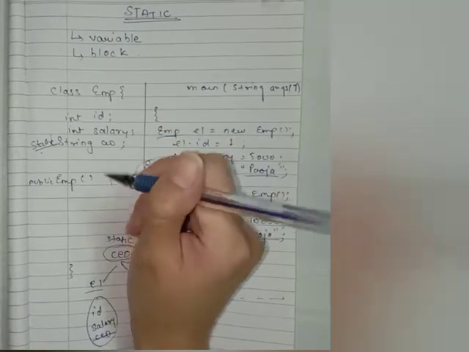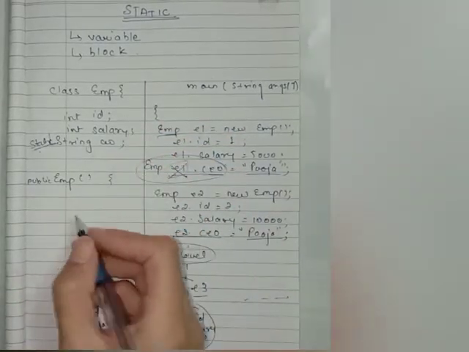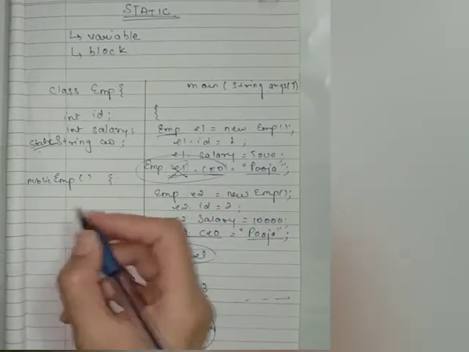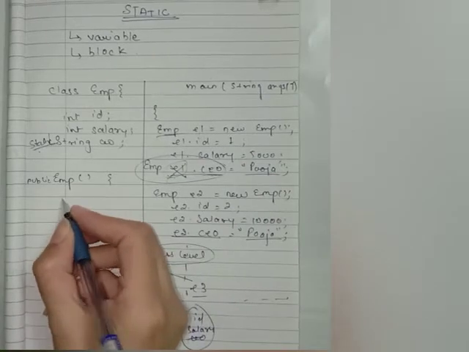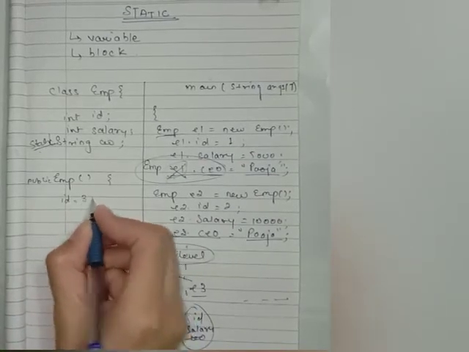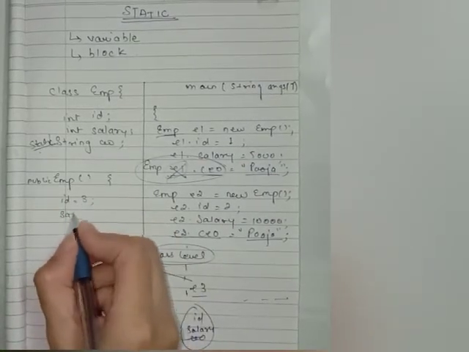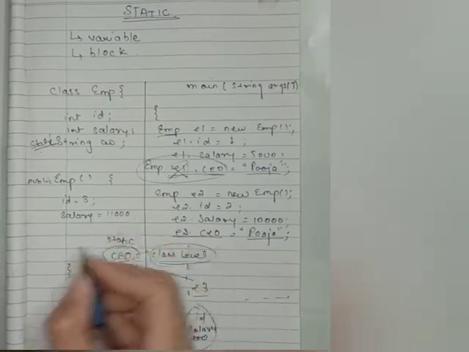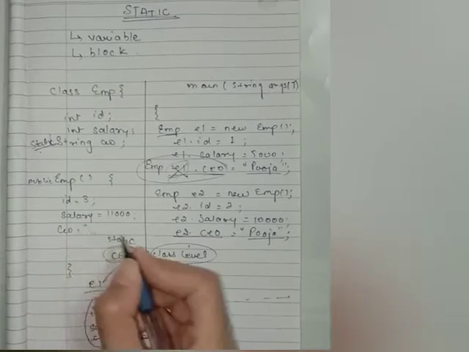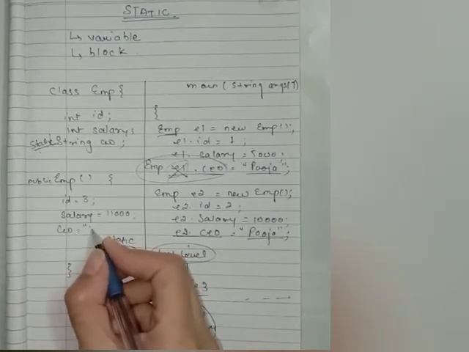Now suppose in the constructor I want to initialize some default values for this employee. I want the ID to be 3, I want the salary to be 11,000, and I want CEO to be Jack.